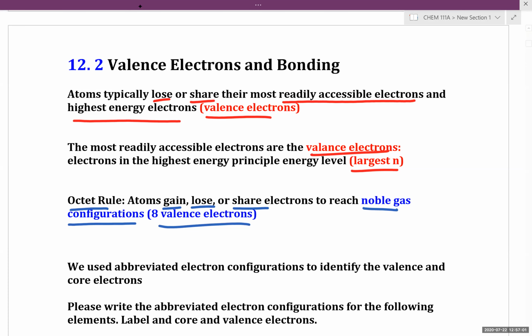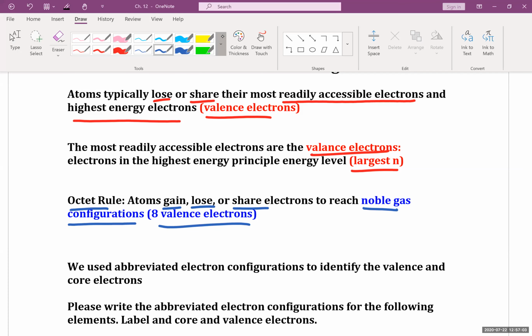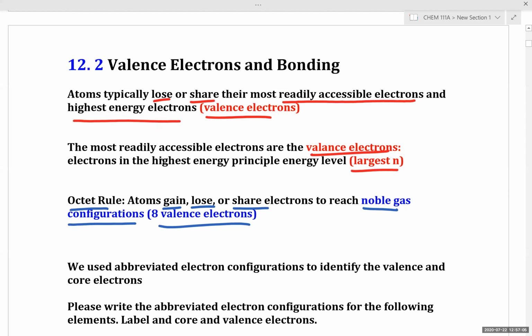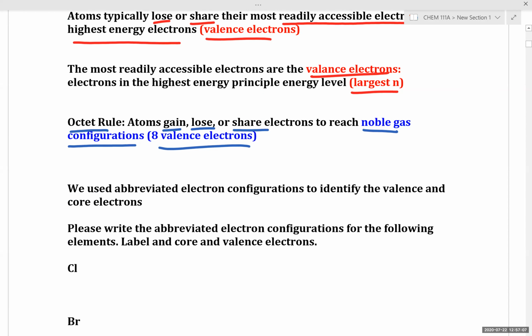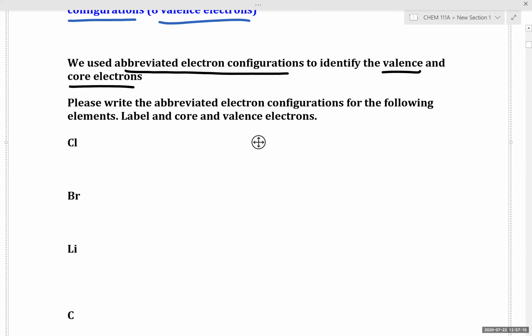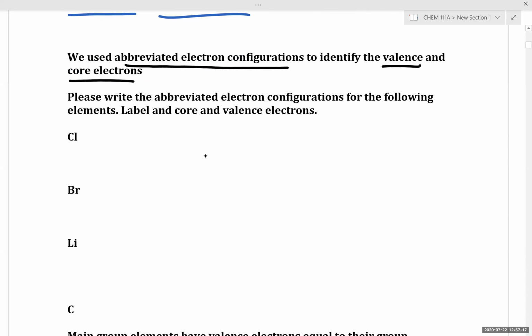The reason why we've taught abbreviated electron configurations in previous chapters is because they are wonderful to help identify valence and core electrons. So let's practice that skill and write out the abbreviated electron configurations for a few elements, and identify our valence and core electrons.